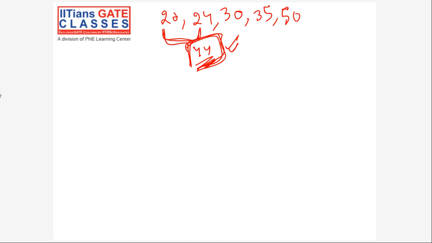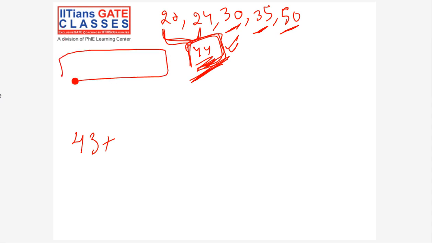See, I'll tell you the reason behind it. It's actually very logical. First, I got 43. Now I have a size 44, a size 35, a size 30 and 50. Out of these, if I take 44 and 50 first, I will have a very big sized array, and then I would have to compare the others with this big sized array.